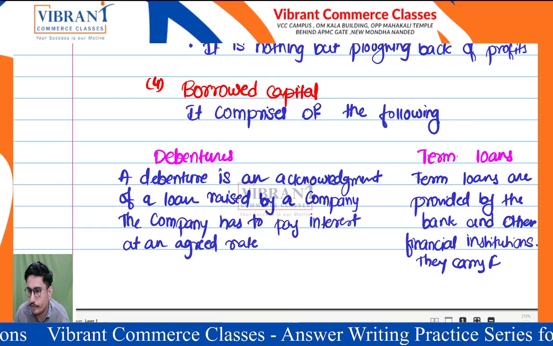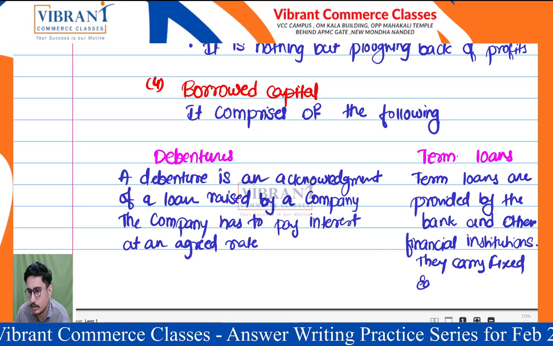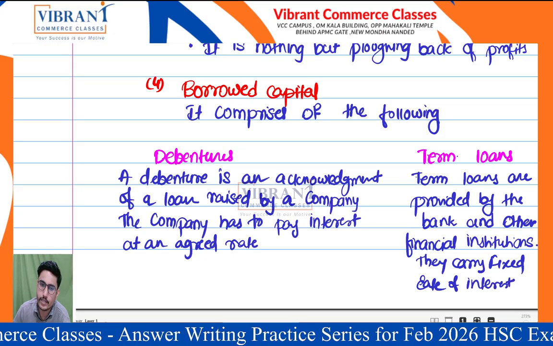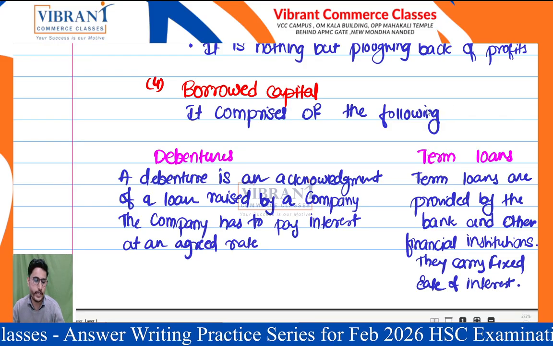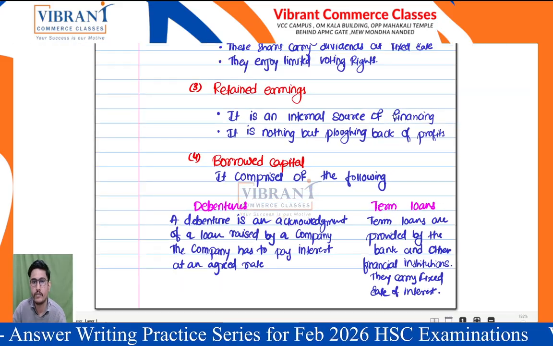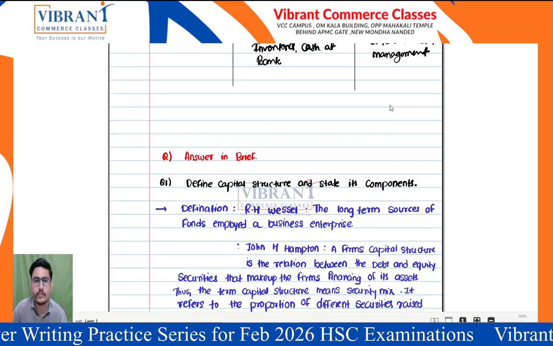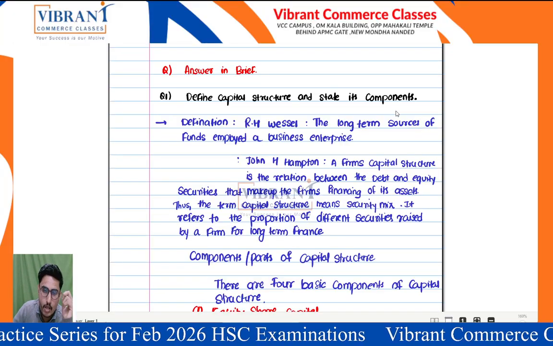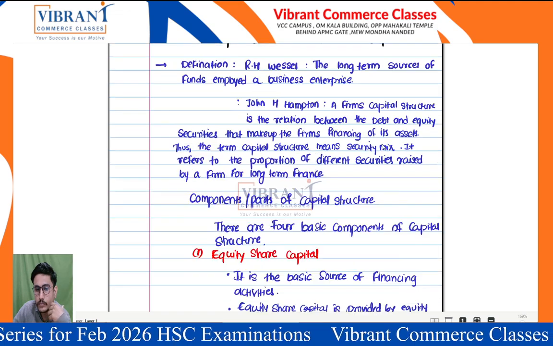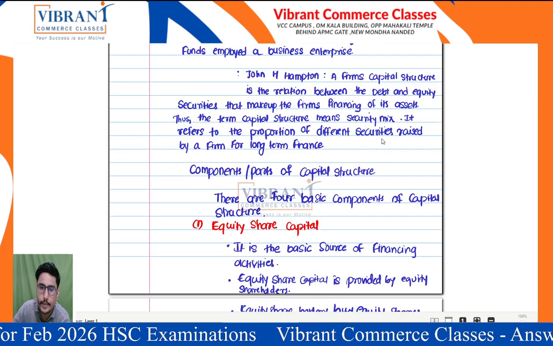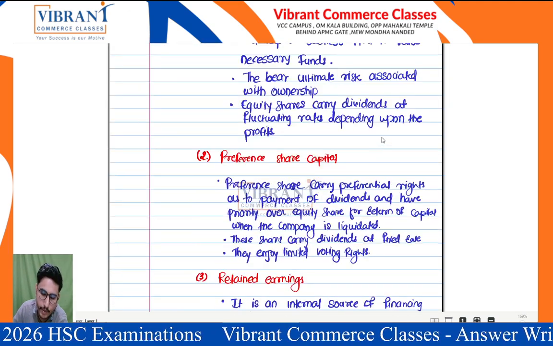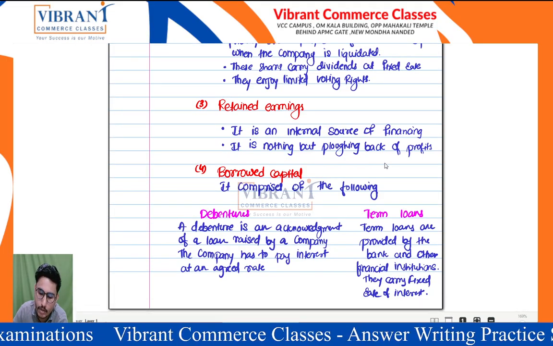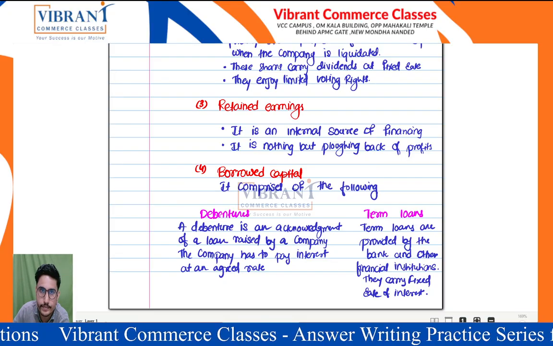They carry fixed rate of interest. So the question was, answer in brief about define capital structure and its components. First we wrote definitions, then components: equity share capital, preference share capital, retained earnings, and last but not the least, borrowed capital. Let us move on to the next question.